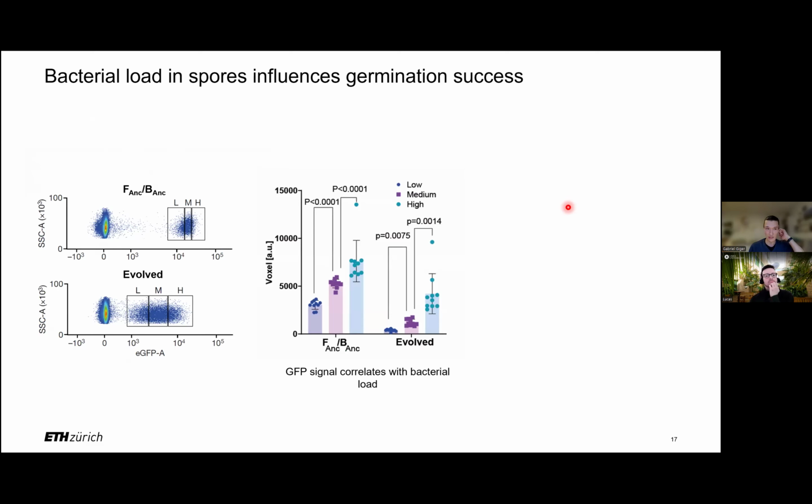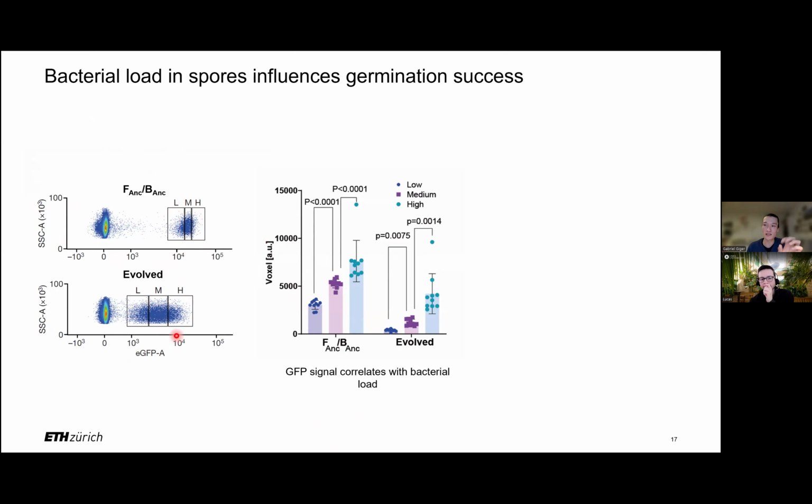The main clue was actually in the FACS data. When we went to the cell sorter and analyzed how many spores had bacteria inside, we saw that the positive population decreased in intensity. Over time, we had more positive spores, but they were less bright.